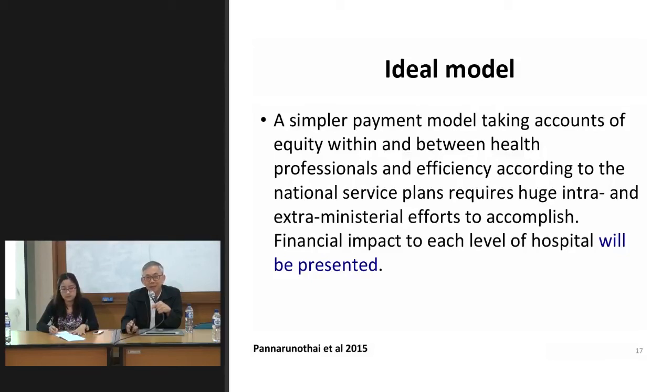Making a big change is also difficult. So that highlights some of the limitations within our system. So changing the status quo to the simpler design sounds encouraging, as we can see the direct impact of payment on equity and efficiency of the health system. However, the change requires huge support from within and outside the Ministry of Public Health, so that we cannot change much.